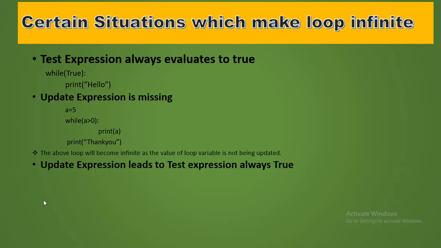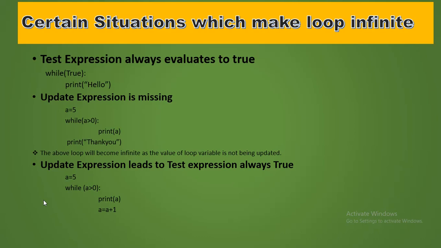The third scenario is, if the update expression makes the test always remain true. How? That is, a equal to 5, while a greater than 0, print a. We have used the update expression, but that update expression should decrease the value so that it should go to 0. Rather than decreasing, we have made it increase. So initially 5 will be printed.